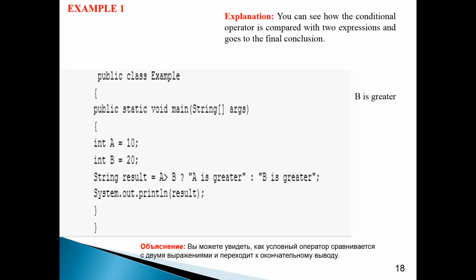You can see how the conditional operator is compared with two expressions and goes to the final conclusion. In our case, variable integer a equals 10 and variable b integer type equals 20. What will be the result of this programming code? We can see that b is greater. It's simple.